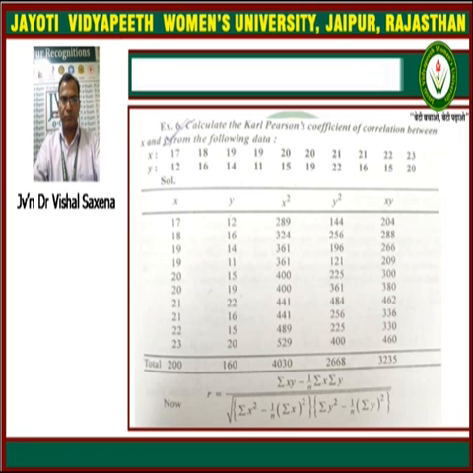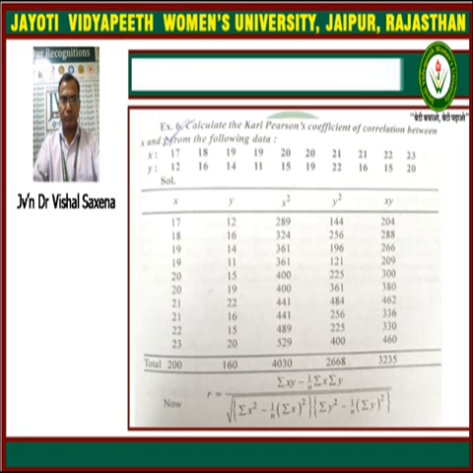First, the formula of r is equal to summation of xy minus 1 upon n summation of x into summation of y, divided by the square root of summation of x square minus 1 upon n summation of x whole square, multiplied by summation of y square minus 1 upon n summation of y whole square.